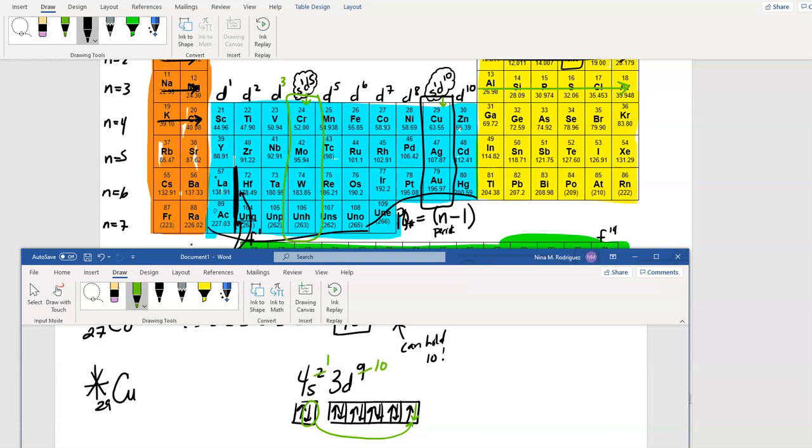It's not hard, ladies and gentlemen, but it's the theory that goes behind it. It's really important because this 3d is more stable in a 3d10 configuration than a 3d9. It's always about energy. You want an atom to have stable configuration energy rather than unstable. So, like I said, it only happens with those groups.